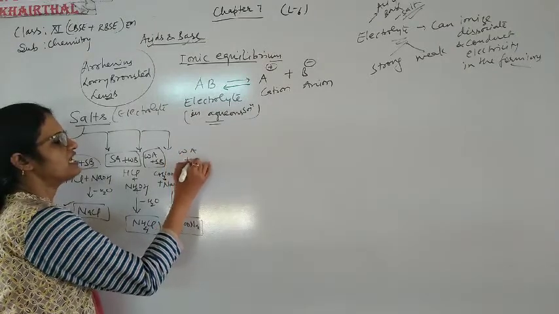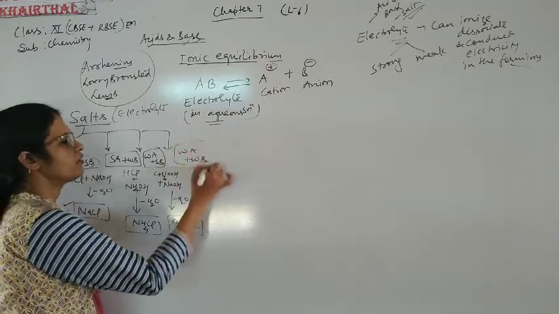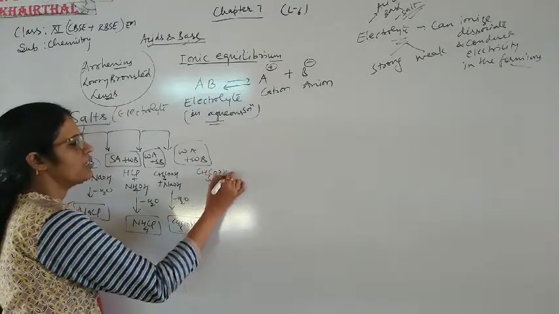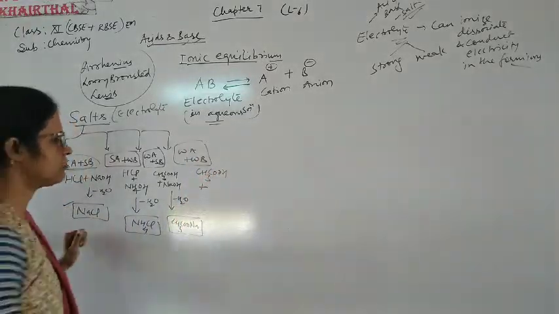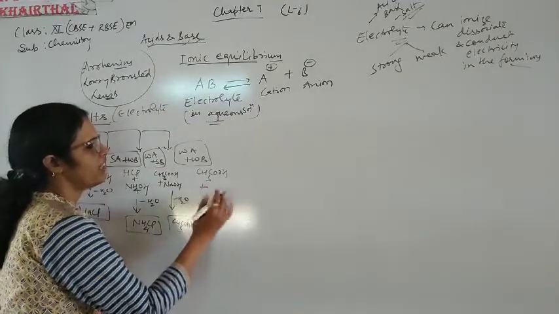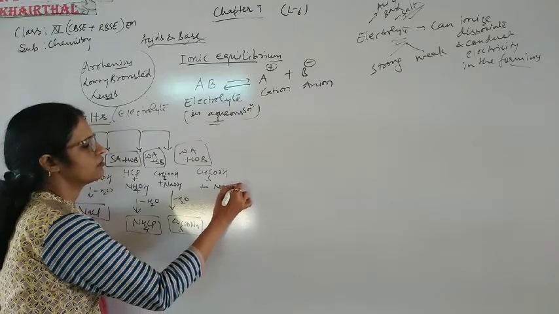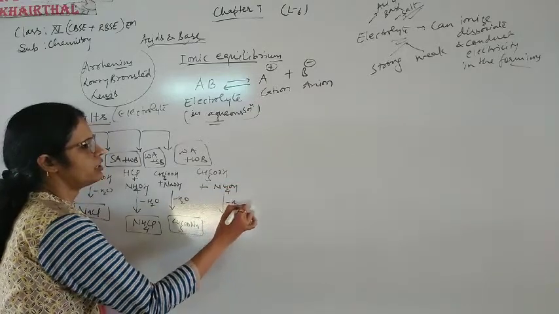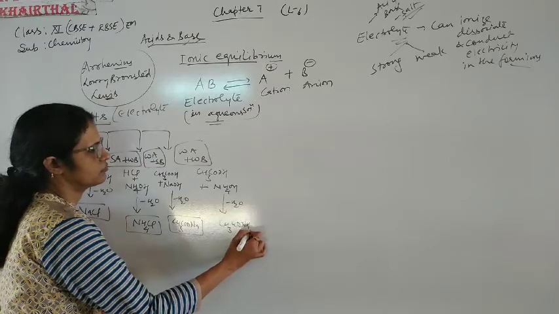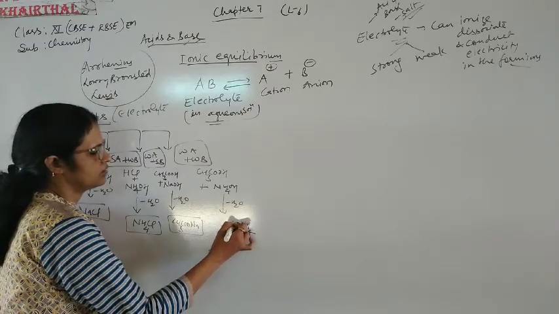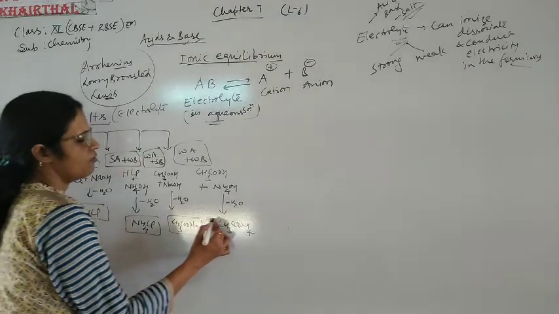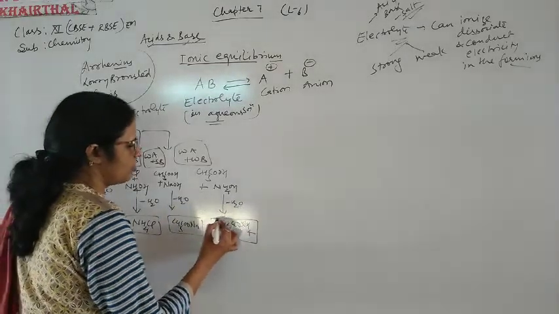Now weak acid plus weak base. Weak acid like acetic acid, and weak base like NH4OH. So a salt is formed. So it is a weak acid, weak base salt.